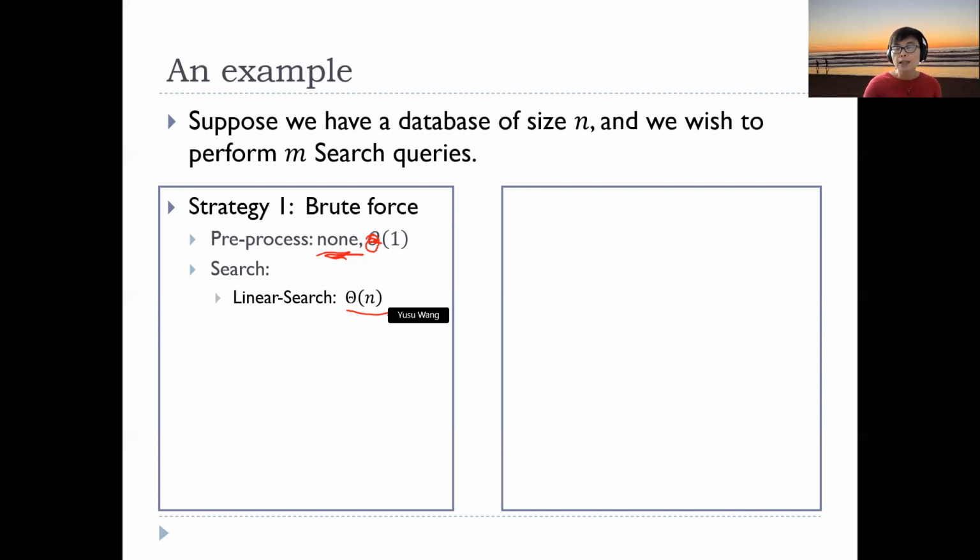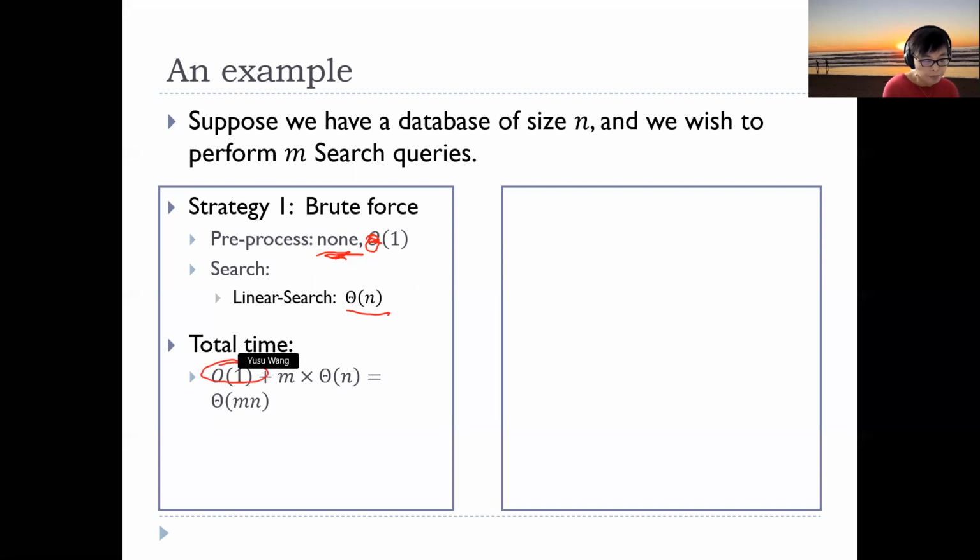Since we have m such queries, what is the total time that I need for all of them? Well, that's the preprocessing time plus m queries, each one taking linear time. So altogether, this takes theta of mn time.